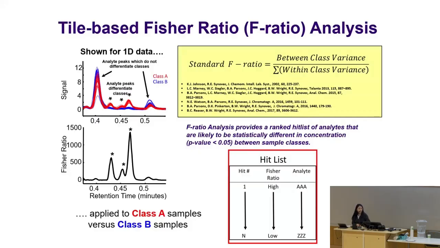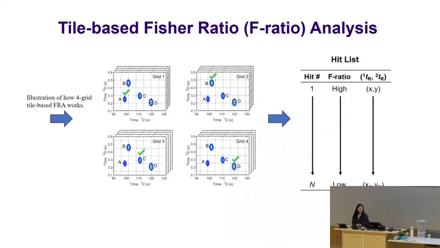Now we move on to our two-dimensional data. The chromatographic signal is dissected into small rectangular sections, and we call each one a tile. For this, we apply a four-grid scheme. Grids 1, 2, 3, 4 are shifted by half a tile size in order to discover all the analytes optimally.